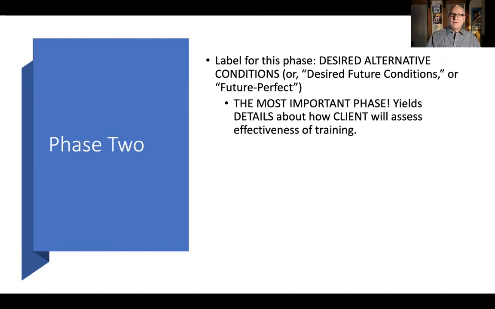Between you and the client, this is the phase in which you sort of start to congeal around, agree upon, mesh with respect to what the desired alternative is going to be once the training is delivered and completed and in the can and behind everybody. In other words, the desired alternative future conditions, think of it as a sort of a checklist.